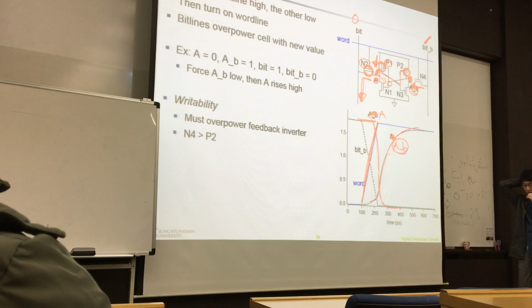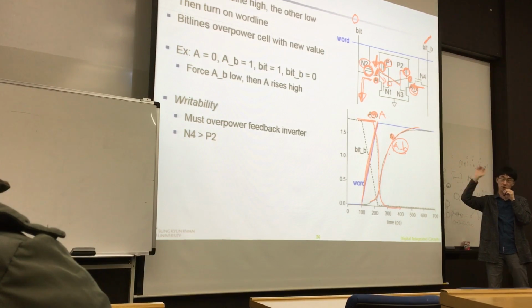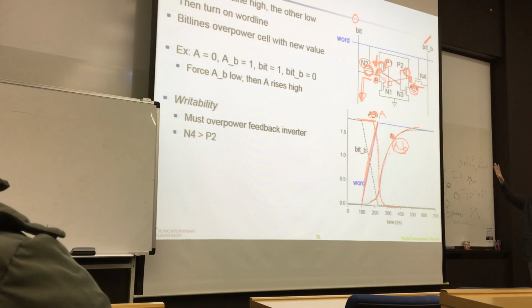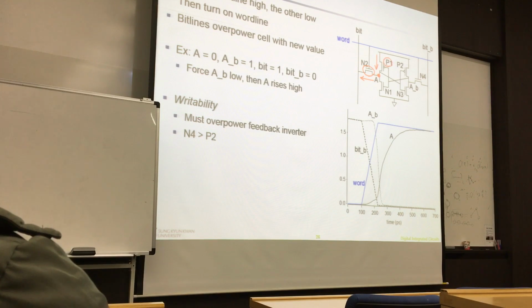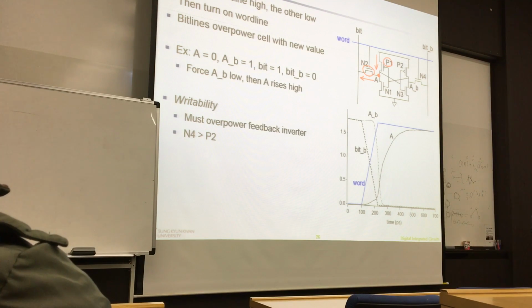So for the write operation, you should look at what type of transistor is used for the access transistor. And here, access transistors are NMOS transistors. That means you are writing by pulling down the internal node. So when you want to pull this node A down through this N2, then this should be stronger than P1 pulling it up, right?